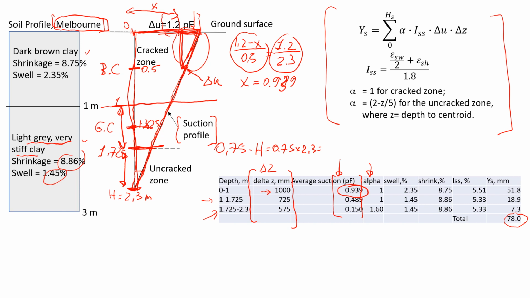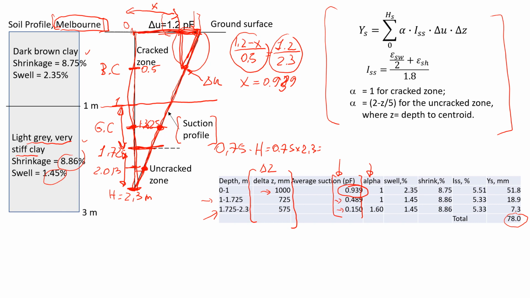And for this one, in the uncracked zone, in the middle, my estimation gave me 2.013. So you're gonna find also a suction for these in the middle of these two layers, and you can check with my values.